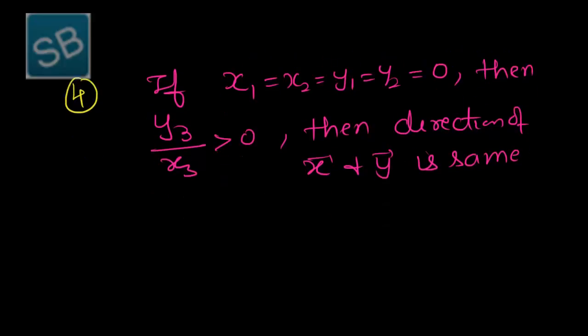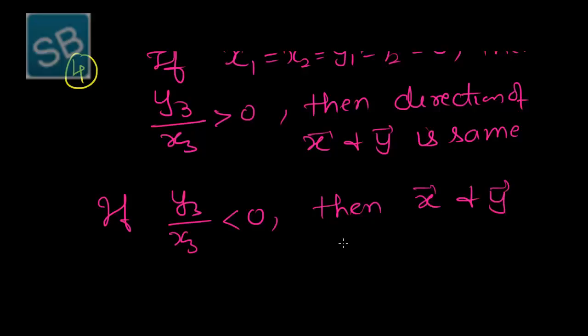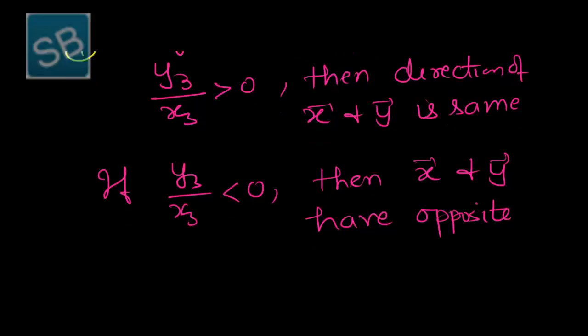And if y3 over x3 is less than 0, then vectors x and y have opposite direction.